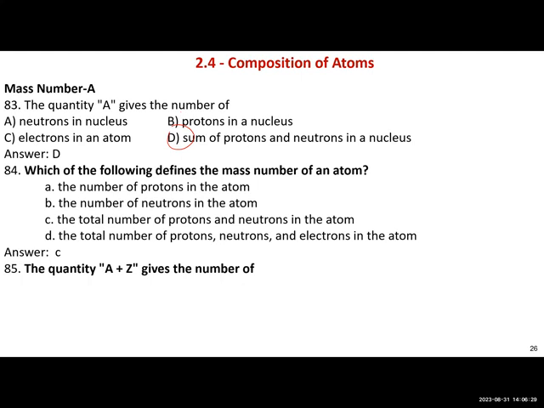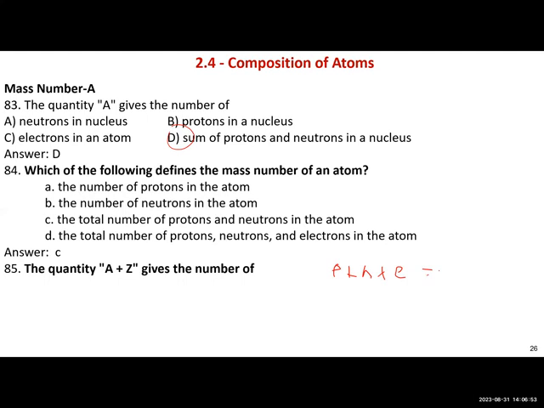Quantity A is the mass number, it gives protons plus neutrons. When you add Z, that gives the number of electrons. The number of electrons is the same as the number of protons in a neutral atom.